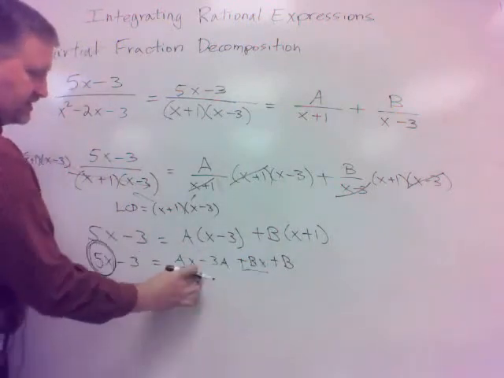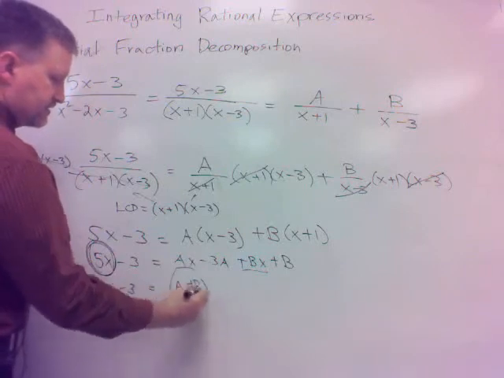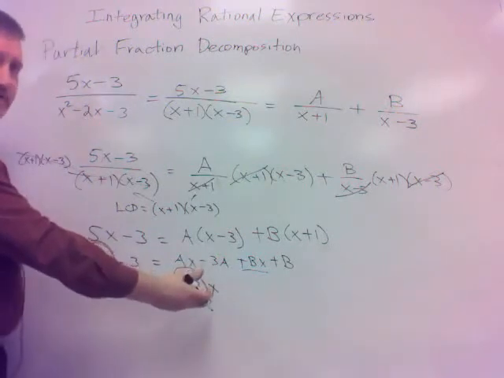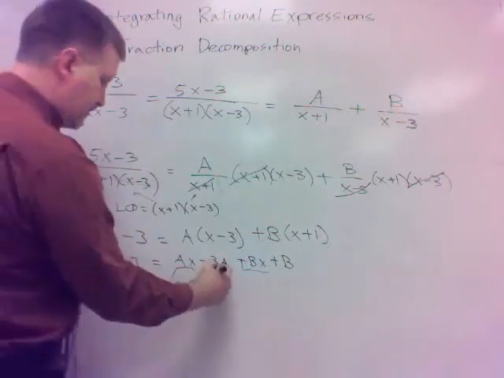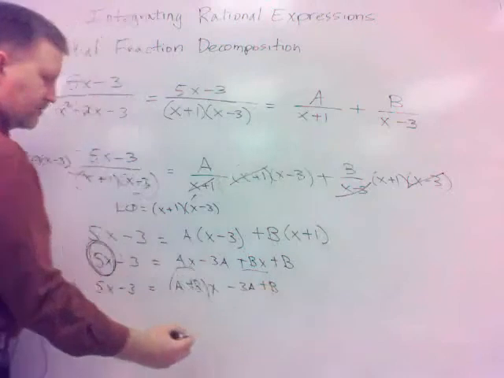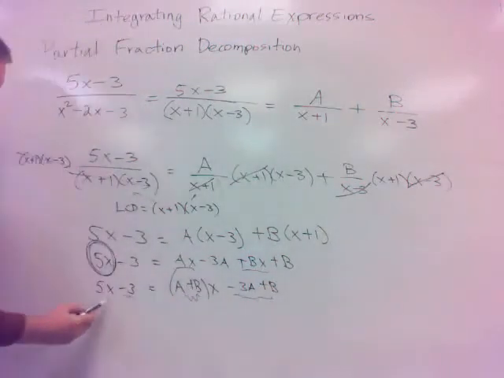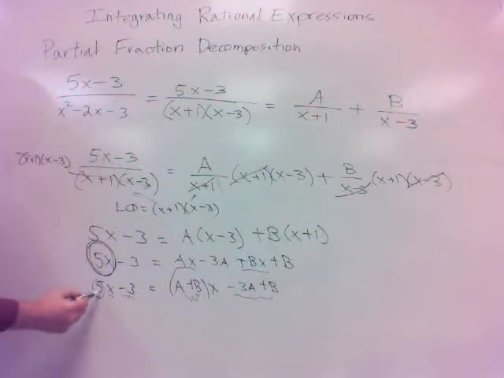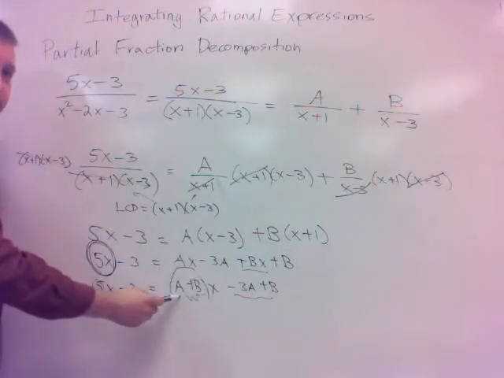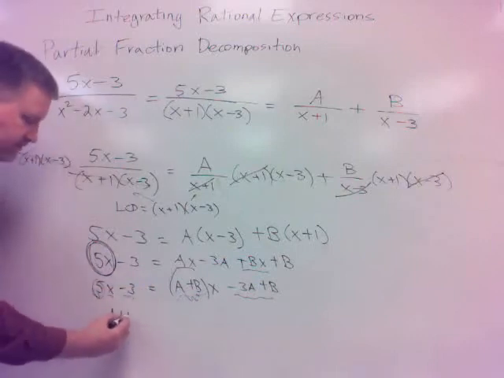Putting these together, I've got a plus b, that's what's times x over here, right? And then the other, the minus 3a plus b, it's not times x, so wouldn't it have to match up? The coefficient of this x would have to match the coefficient of this x. That's how this is going to have to work. So, yeah, a plus b is going to have to equal 5.